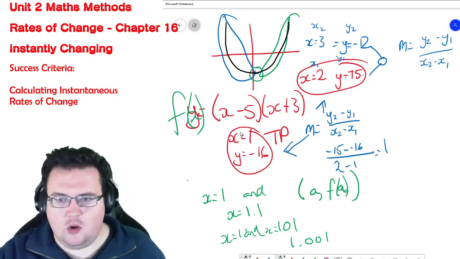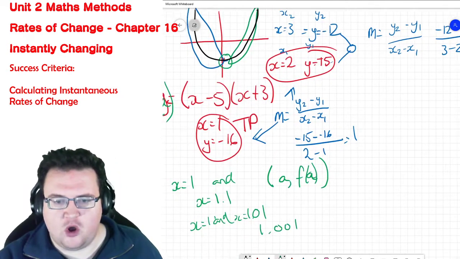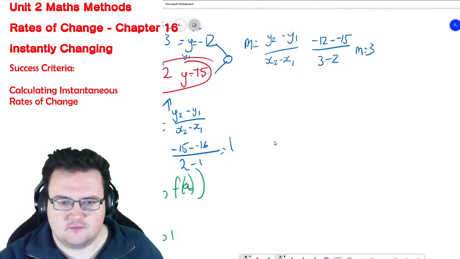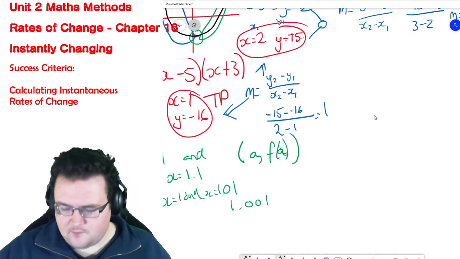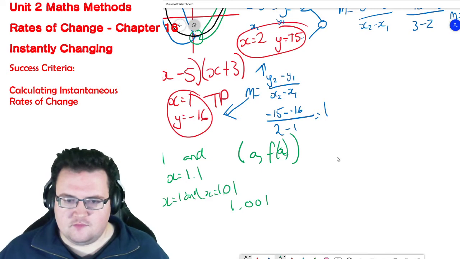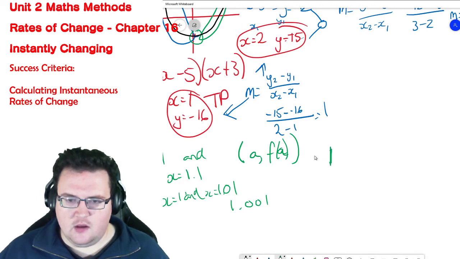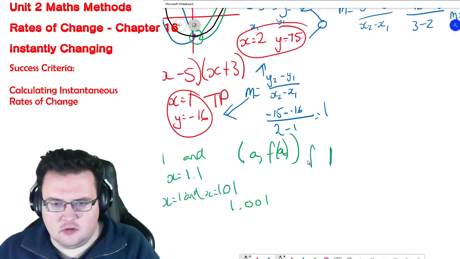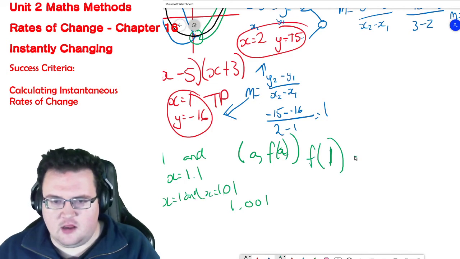So I'm going to get you guys to do some work very quickly, and you're going to help me fill out this table. So what is the gradient of 1 between f of 1 and f of 1.1?